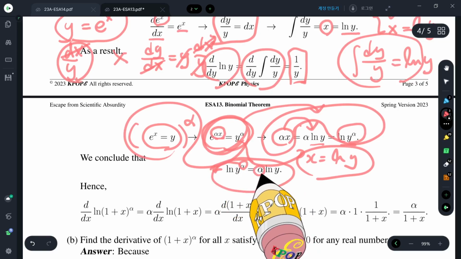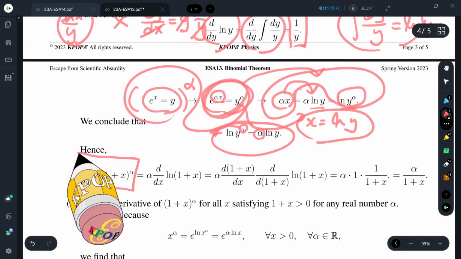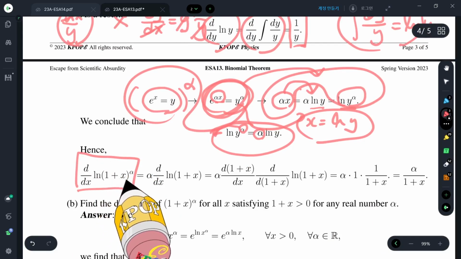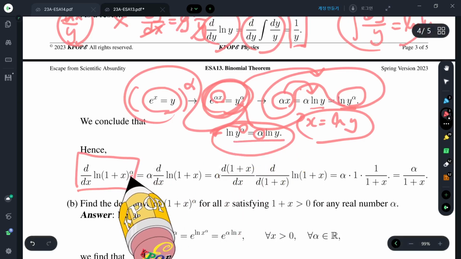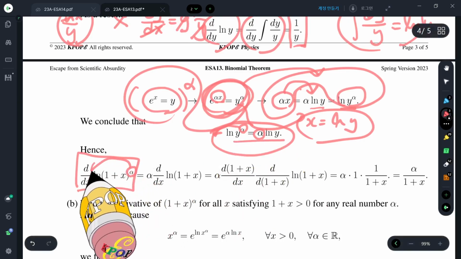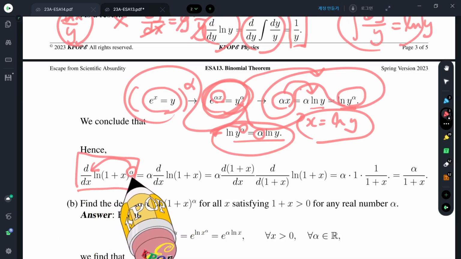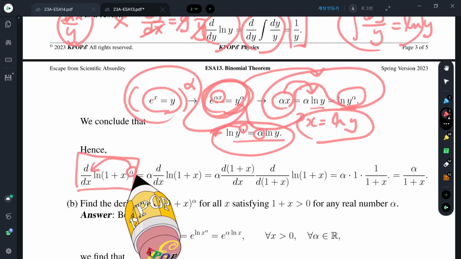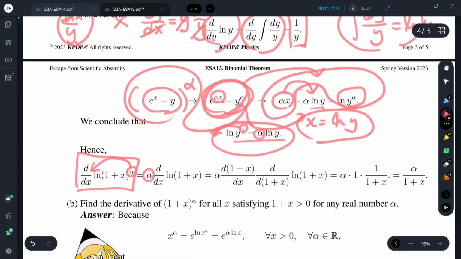As a result, if I take the derivative of log of (1 plus x) to the alpha, because the power can always be pulled out in front of the log, and this alpha is a constant, I can move this alpha out of the derivative.